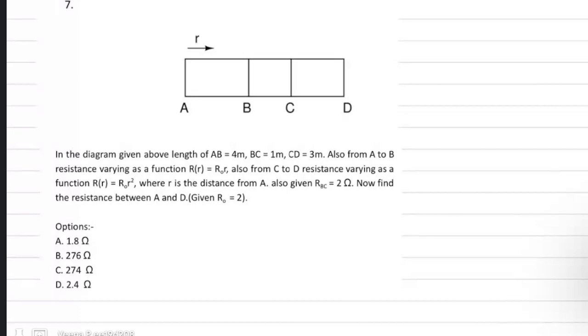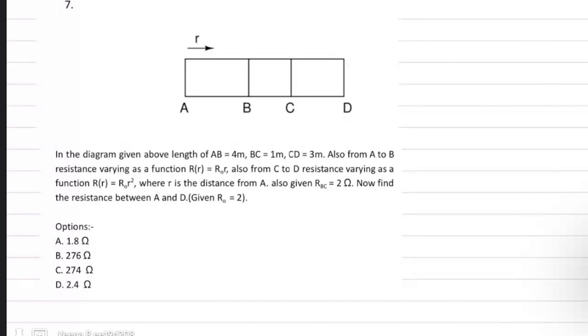In the diagram given above, length of AB is 4 meter, BC is 1 meter, CD is 3 meter. Also from A to B, resistance varying as a function R of r is equal to R naught r.